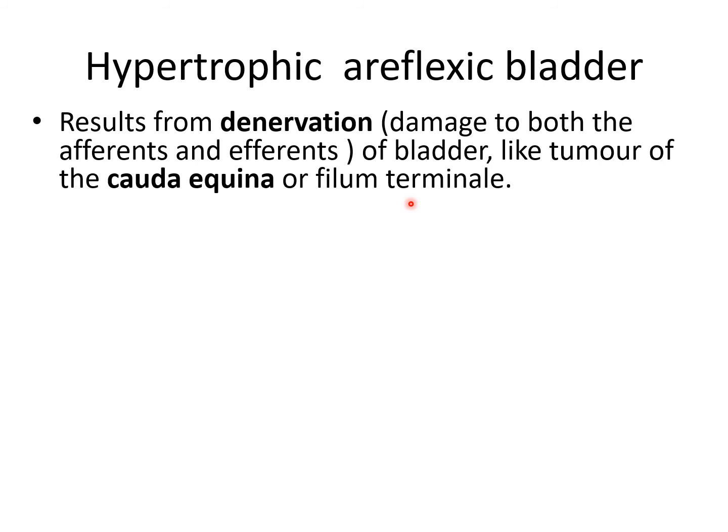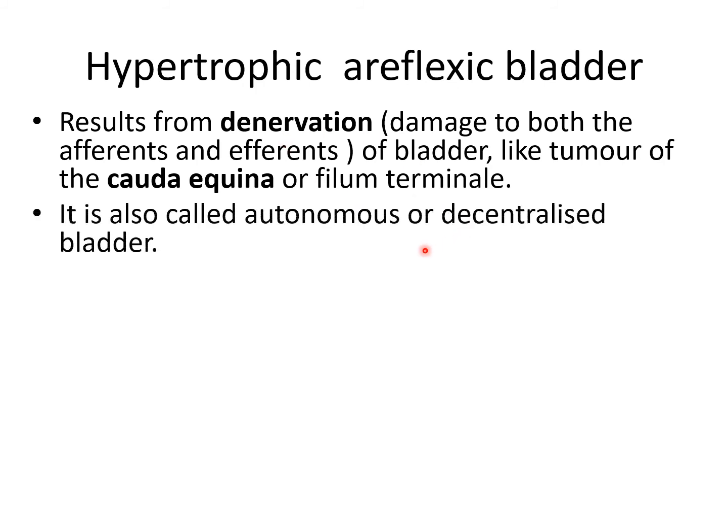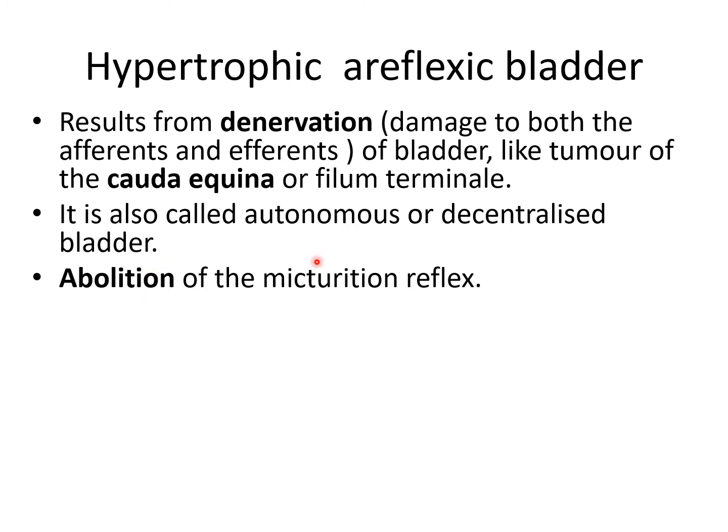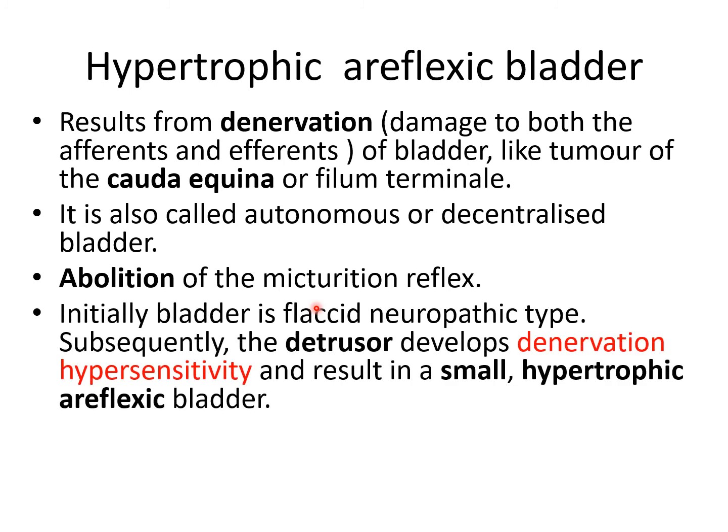So in this case there is a lesion in the sacral S2, S3, S4 affecting these neurons of the spinal cord. As already discussed, it is also called autonomous bladder or decentralized bladder. Here again there is abolition of micturition reflex. So this is also an areflexive neurogenic bladder.